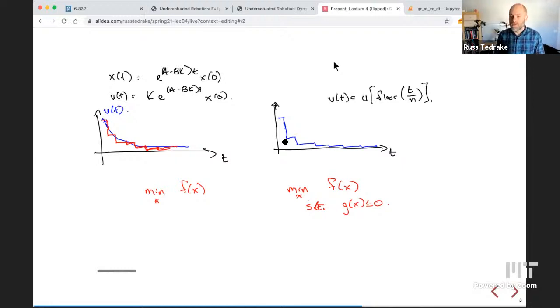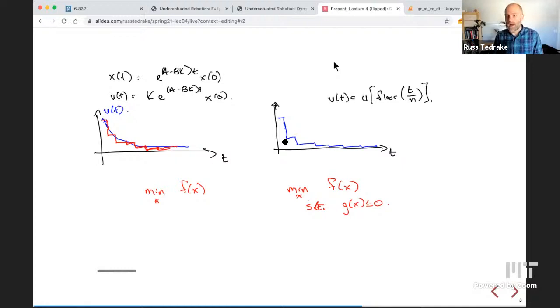There's a deadbeat solution, they call it, where basically there is a finite control action which arrives at a goal in exactly one time step. In continuous time, that never happens. You would need infinite U, and so instead you converge exponentially.